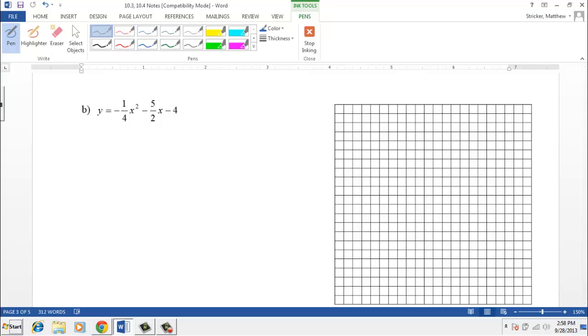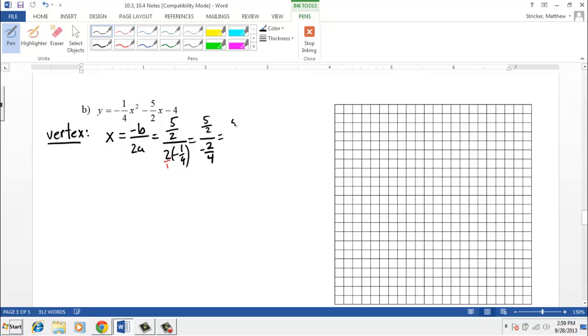So if we start off again with the vertex, this one's a little bit uglier because it has fractions, but it's still the same idea. We find the x value of the vertex, the x coordinate, by taking negative b over 2a, which is negative a negative 5 halves, which is a positive 5 halves, over 2 times negative 1/4, which is 5 halves divided by negative 2 over 4, because we can treat this like 2 over 1.